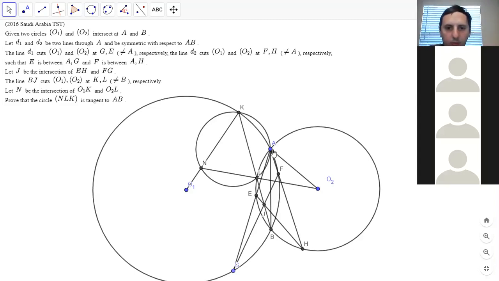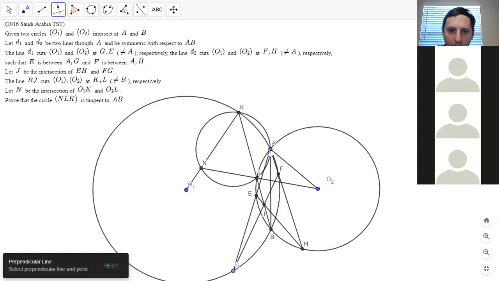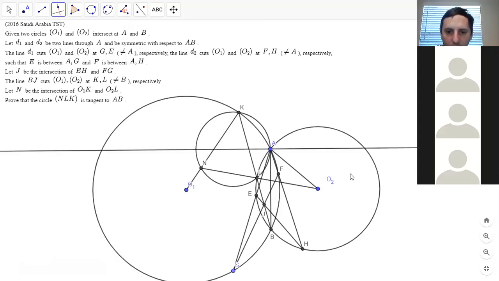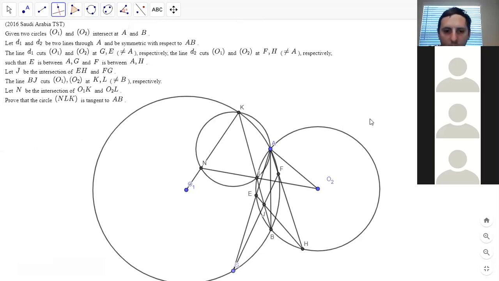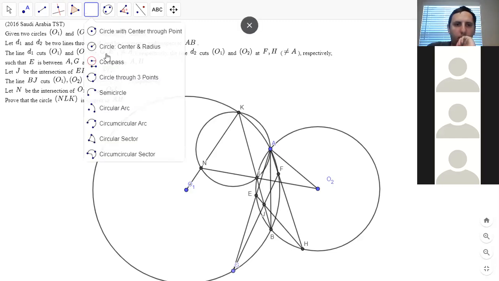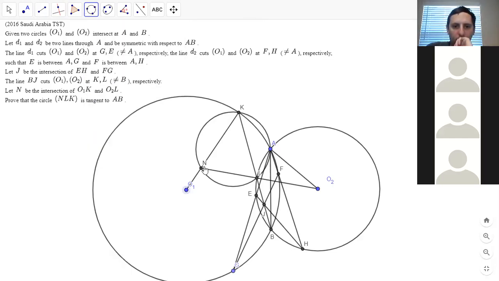I wonder if we can somehow use projective geometry here, because since this is an angle bisector, if we draw this, we could project these through A onto something. We should prove that O1A and O2 is cyclic. That is equivalent to showing that NKAL is cyclic.